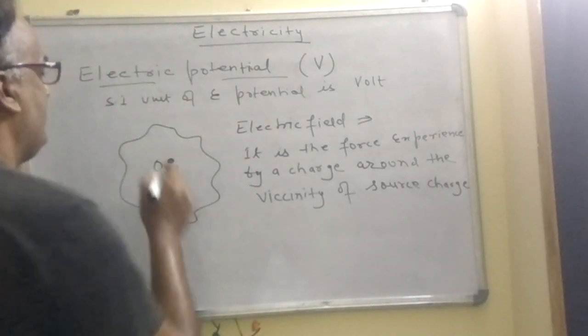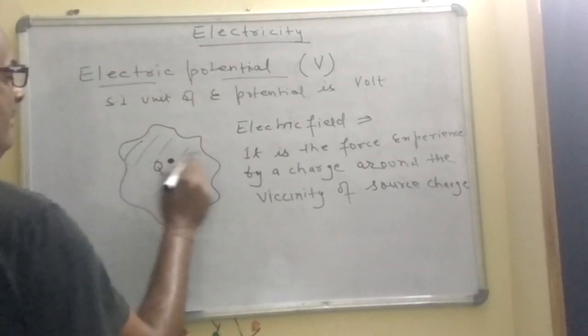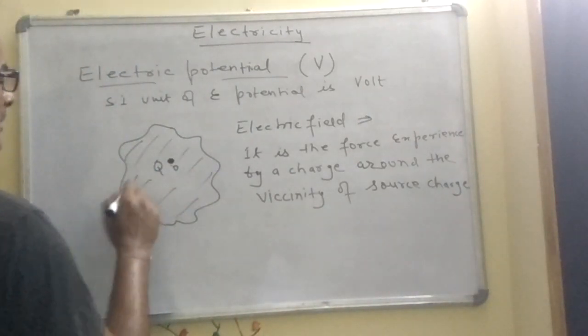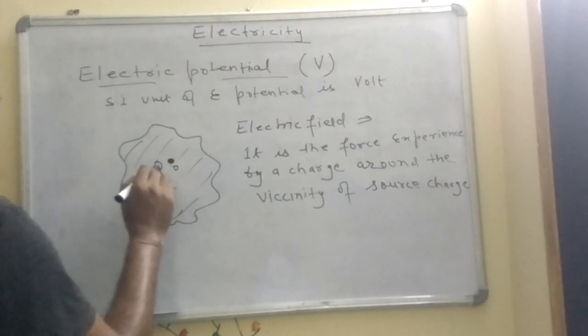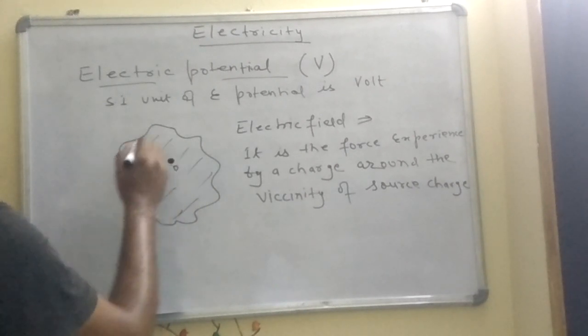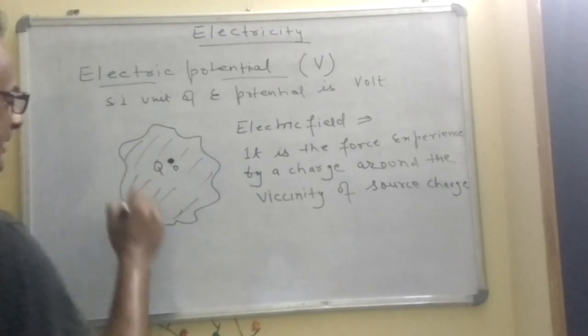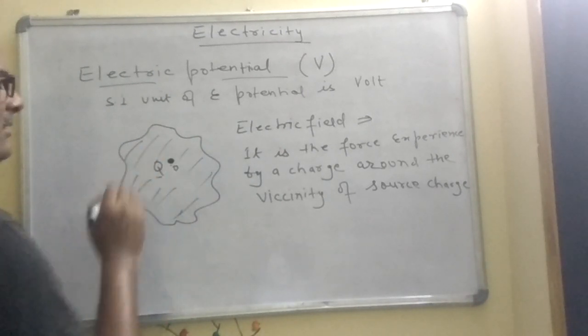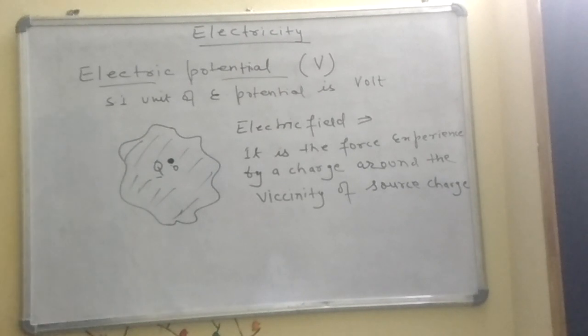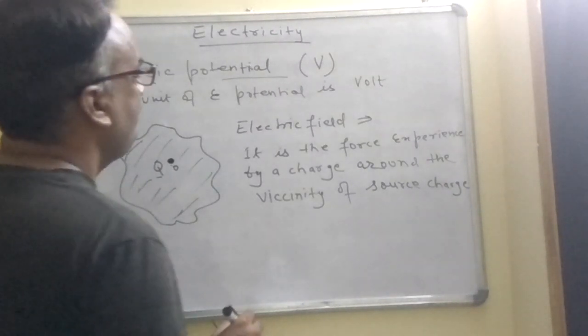This is the vicinity around this charge. This is a source charge. Why is it called source charge? Because this electric field, this vicinity, is because of this charge. That's why this is the source of this vicinity, and that's why we call it a source charge.